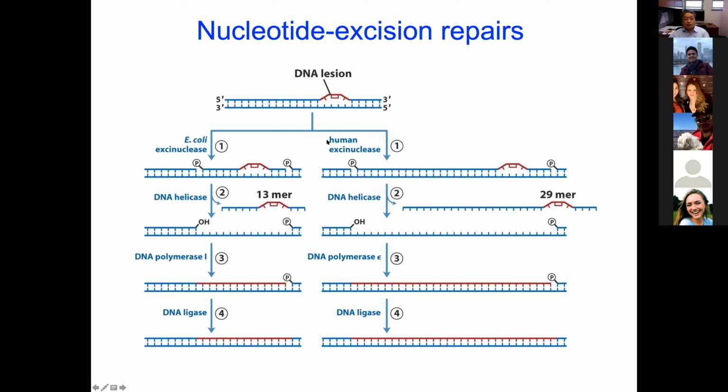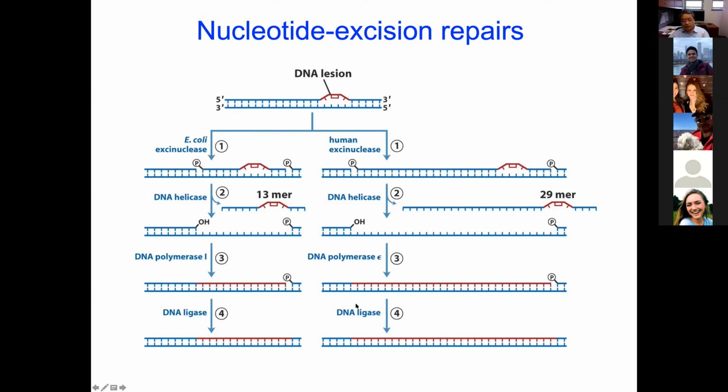And the mammalian cell system has a slightly different mechanism, because those enzymes cut at different places, upstream and downstream of the damaged point. And it will remove a 20 nucleotide segment of the DNA, and then DNA polymerase epsilon will come in and synthesize a new segment of the DNA.